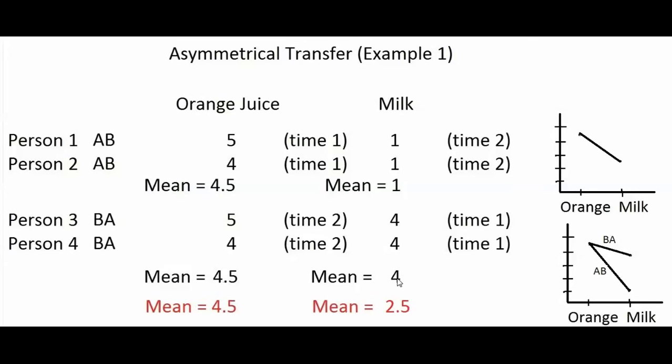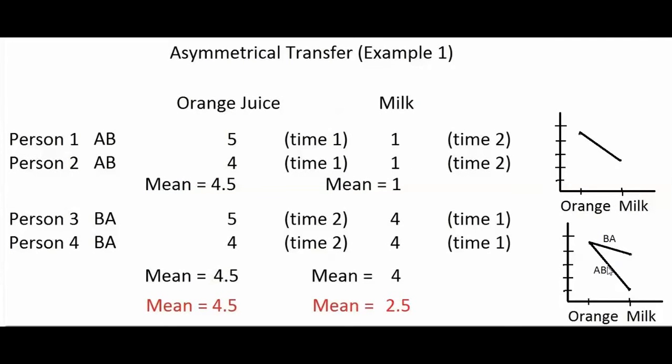It only drops by 0.5. That's because when these two people had the milk at time 1, the milk tasted fine. Since this drop-off right here is a larger drop-off, and this drop-off down here is smaller, we have an interaction between type of drink and the order of conditions.